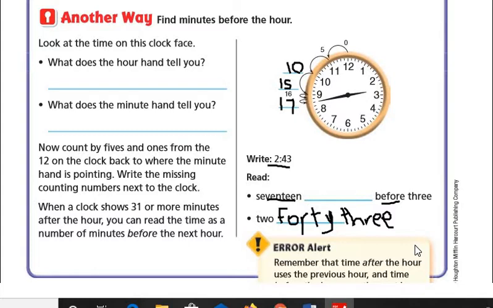Okay, but in this example we want to use something new to tell the same time in another way, using the word before instead of after. So here we need, do you see this part?